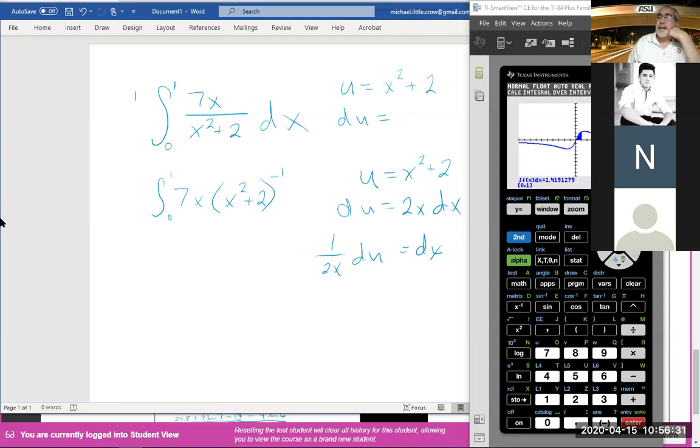But you can't distribute the 7x into this because it's a -1. Had this been to the positive 1 power, we could do that. Oh, that's where I'm wrong. That method never works if the exponent is 0.